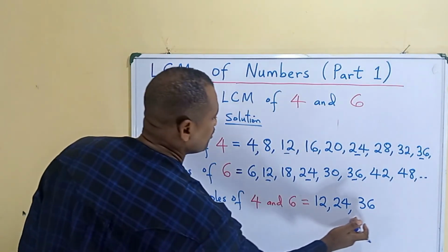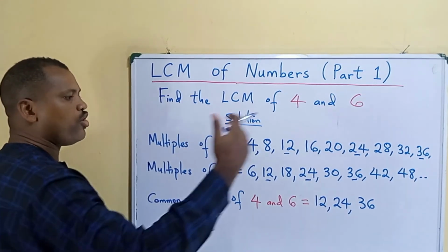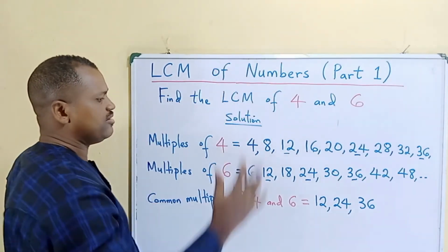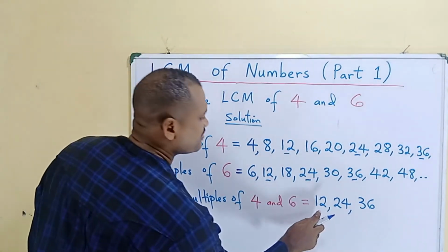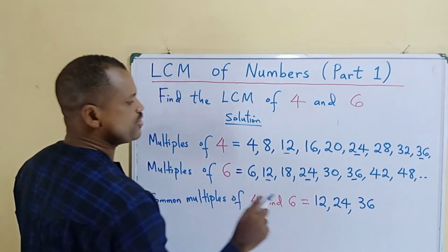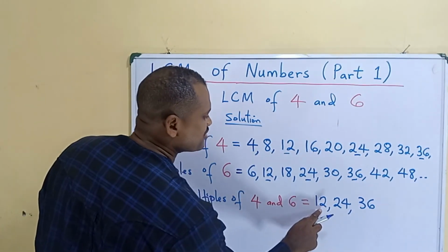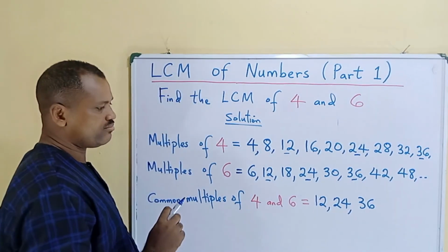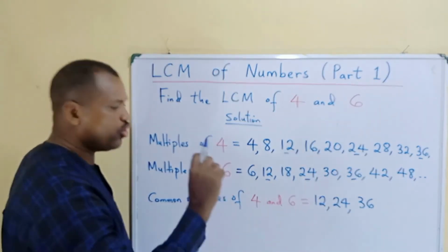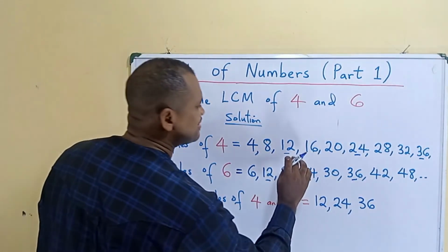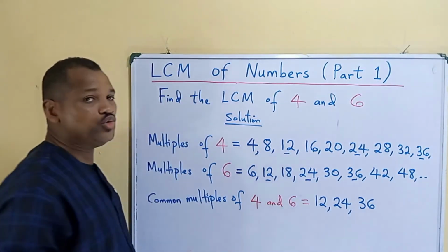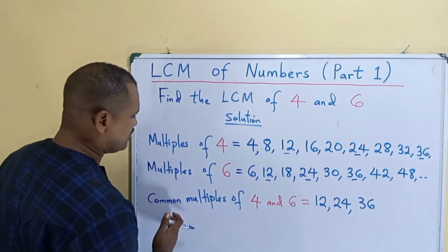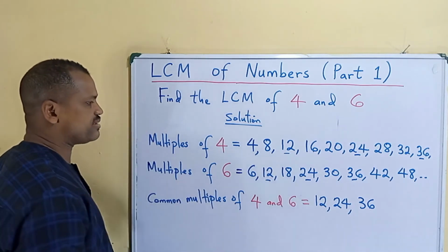These are the common multiples. There are other common multiples, but we cannot continue with all of that. All we need is to get the smallest common multiple, the least, the lowest. So once you get the first one, that should even do. But just let us follow the procedure the way it is.